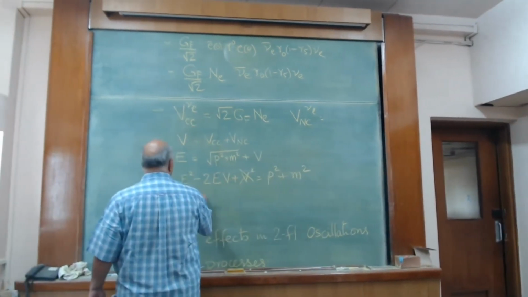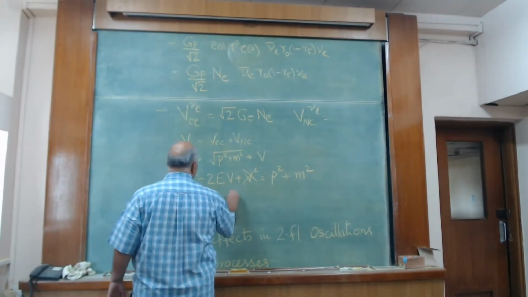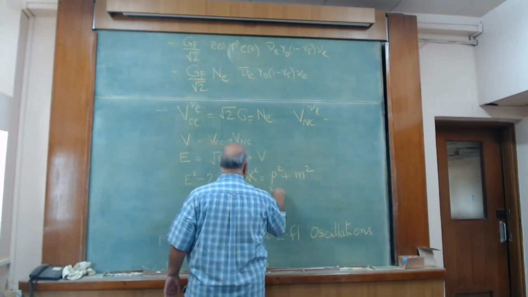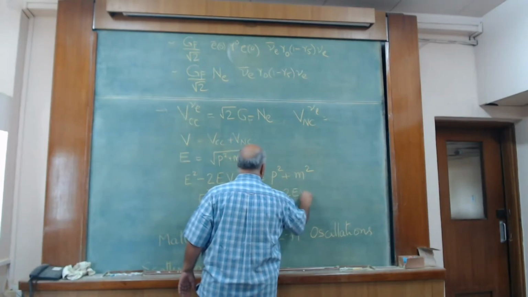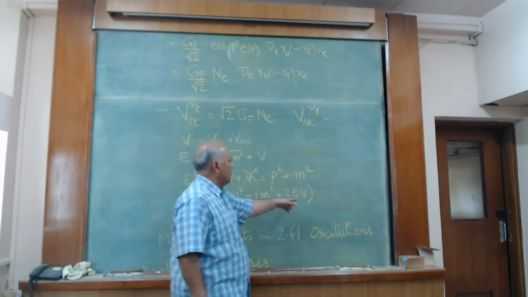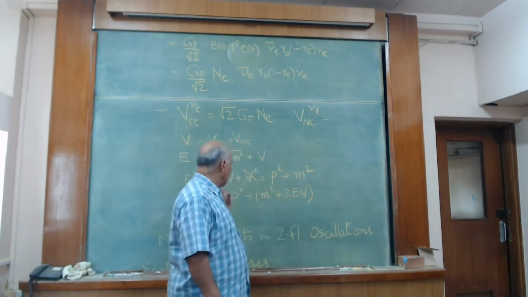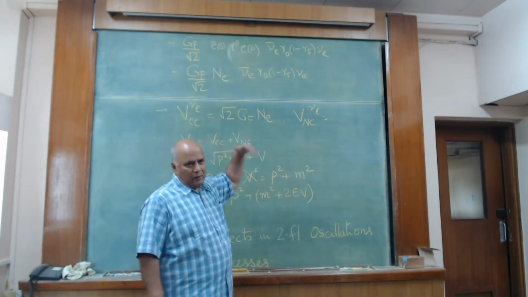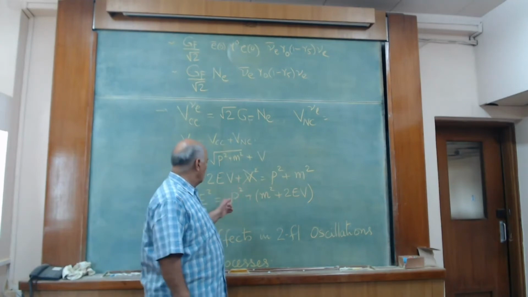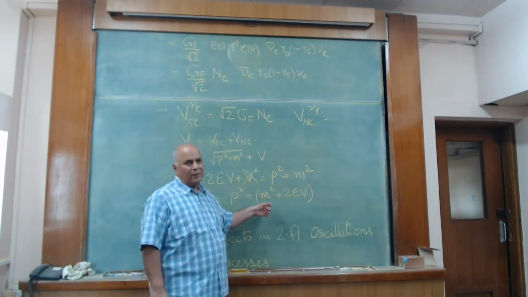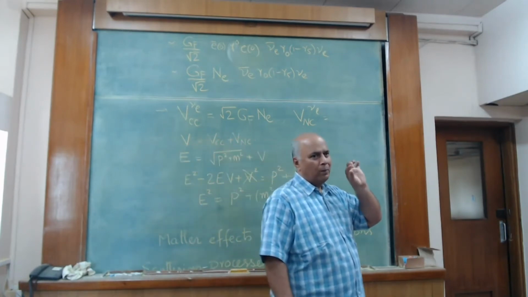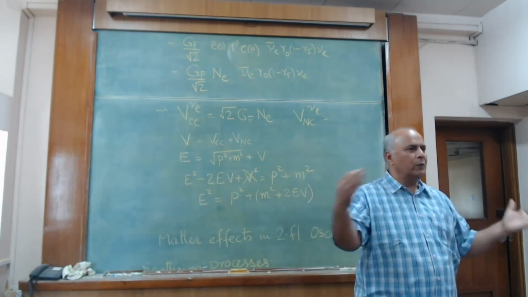So I rewrite this equation as E squared is equal to P squared plus (M squared plus 2EV). I have deliberately put parentheses here because if you remember our discussion about vacuum oscillations, P squared is much larger than M squared, and it's the small difference between m1 and m2 which, when we take into account, gives oscillations.